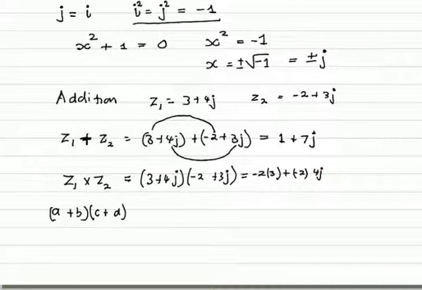Then next we're going to have 3j times 3, so plus 3 times 3j. And then lastly we're going to have 3j times 4j, so plus 4j multiplied by 3j.